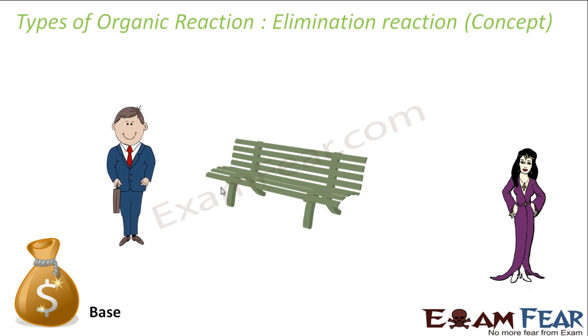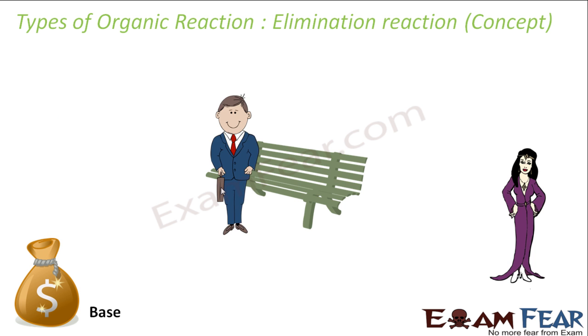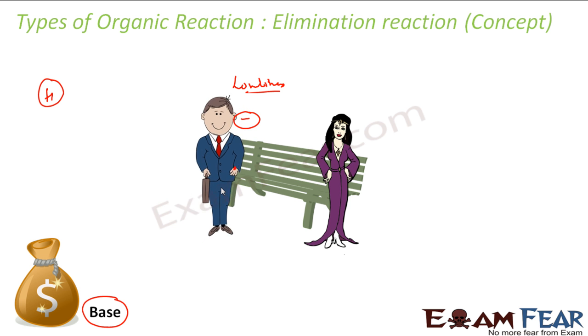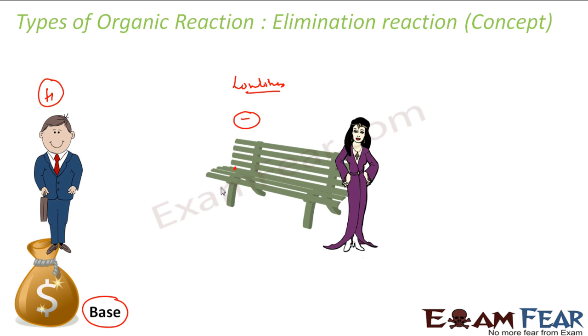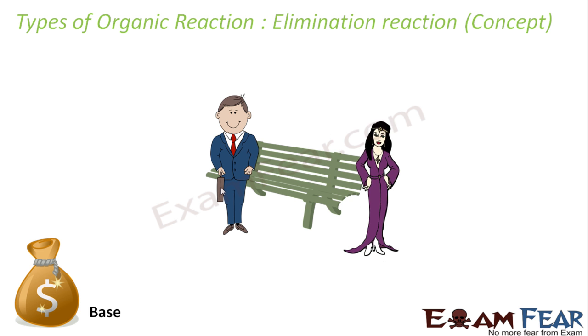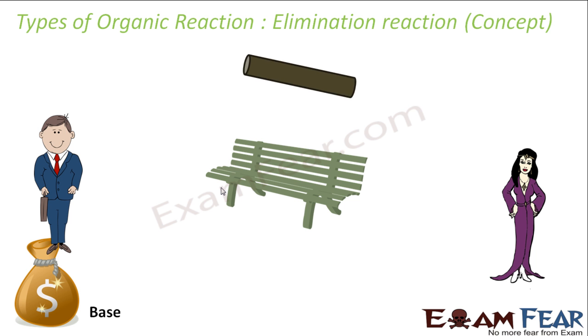He is attracted by some other things, for example wealth, and then again a double bond is formed, right? So there are two scenarios. In the first scenario the guy first leaves, the girl is lonely, she also leaves, and a double bond is formed. In the second case, the girl first leaves, the guy is now lonely and is attracted towards the base, and a double bond is formed, right?